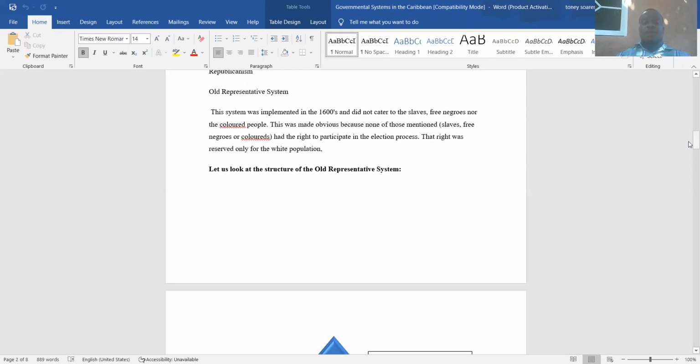This was made obvious because none of those mentioned, those are the slaves, free people of color, or the coloreds, right, had the right to participate in the election process. Neither did they have any right to participate in government. That was squarely reserved for the white, and not just the whites, but the whites who had money and power, right? Good.